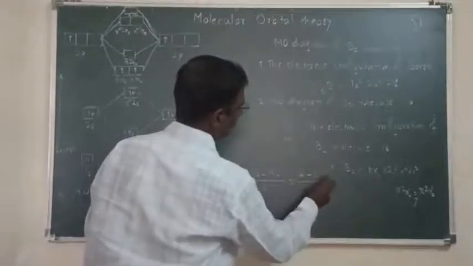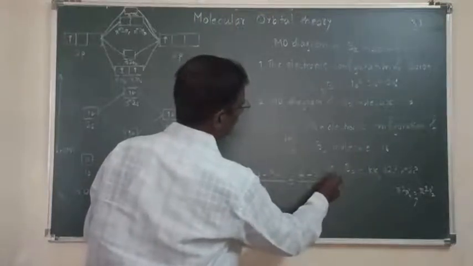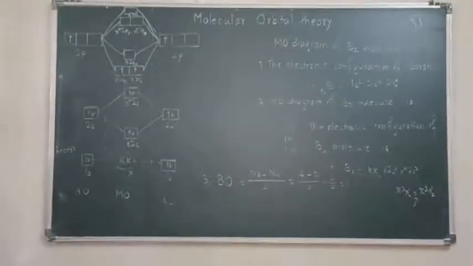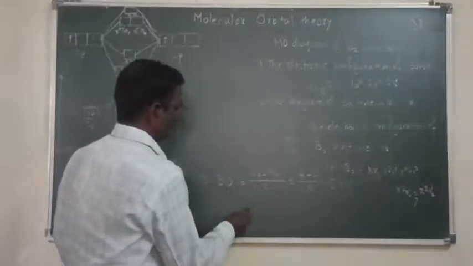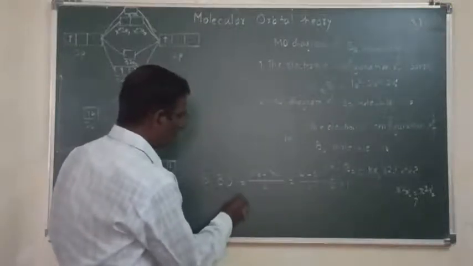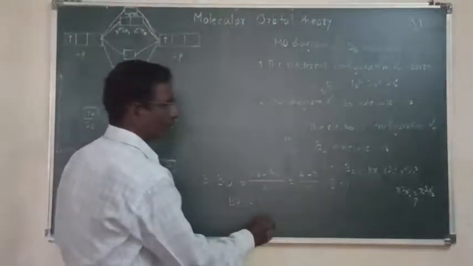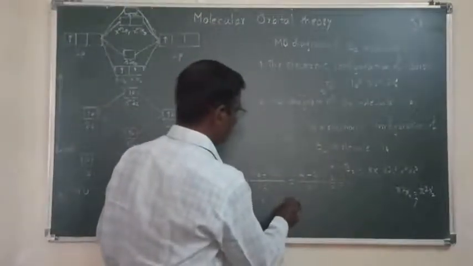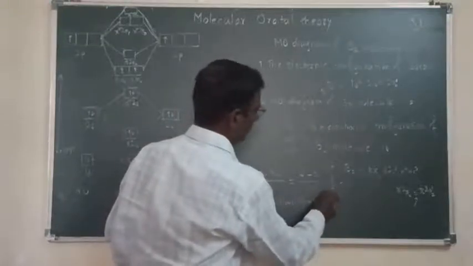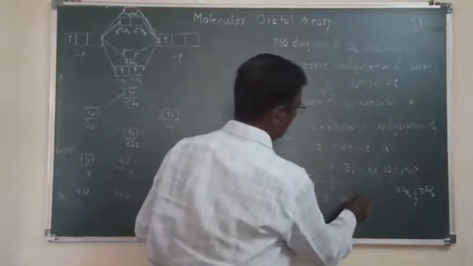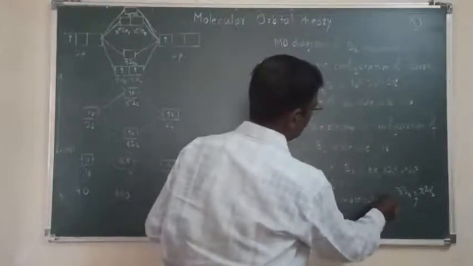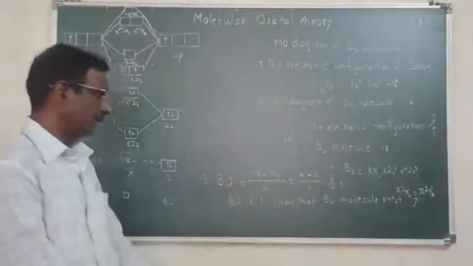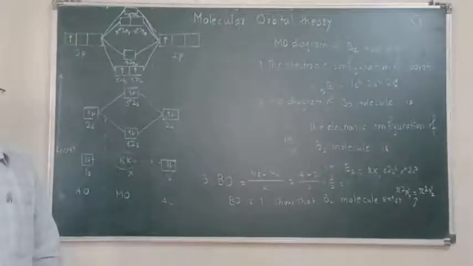Divided by 2, that is 2 upon 2, 1. Therefore, bond order is 1, B2 molecule exists, and there is a single covalent bond between the two atoms.